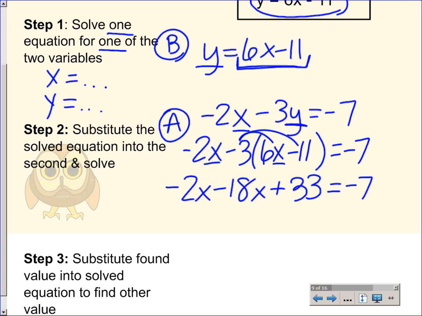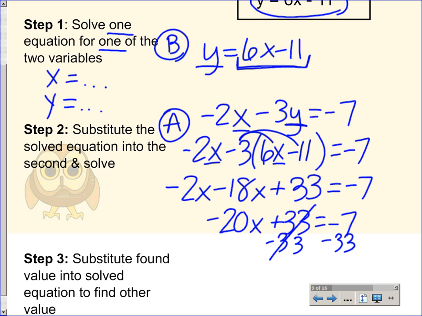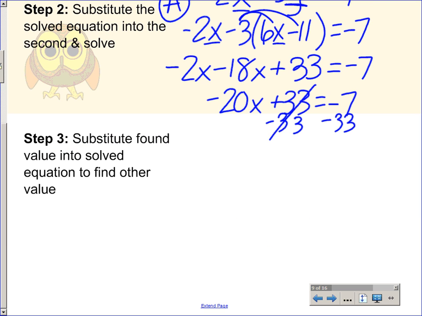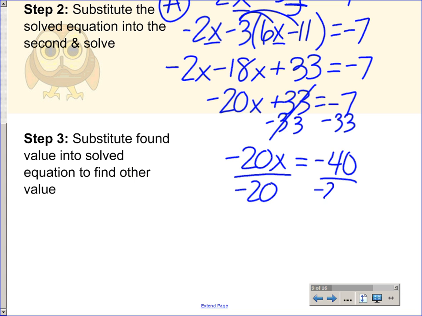I'm going to combine my like terms here and get negative 20x plus 33 equals negative 7. Subtract 33 from both sides, and we will get negative 20x is equal to negative 40. Divide by negative 20 on both sides, and we get x equals 2, a positive 2.